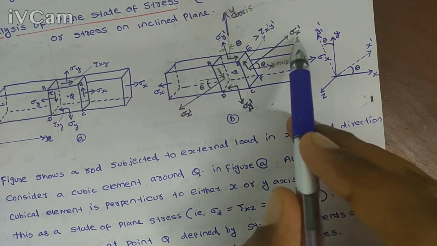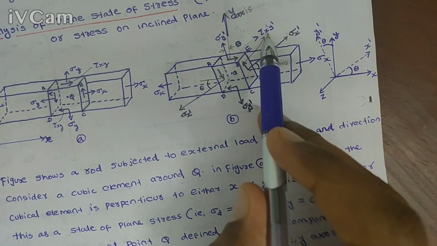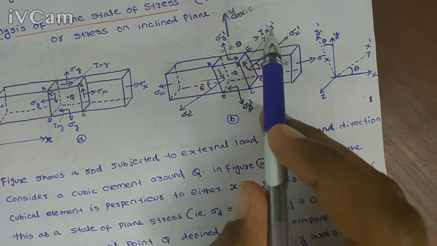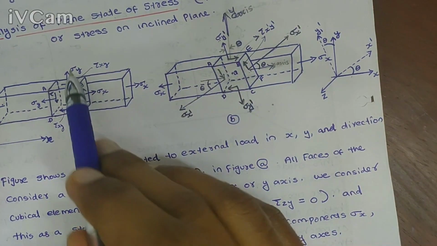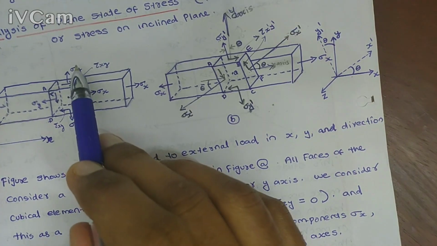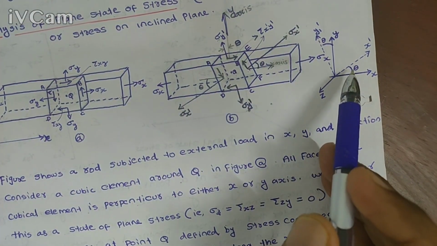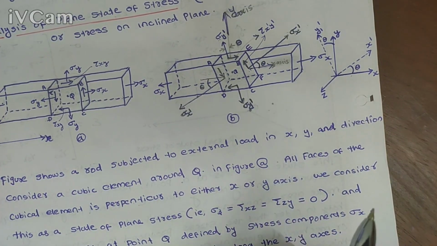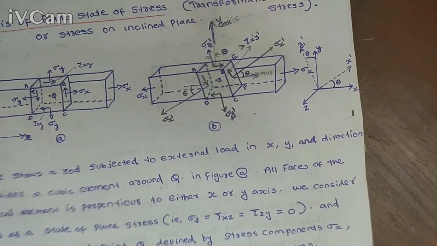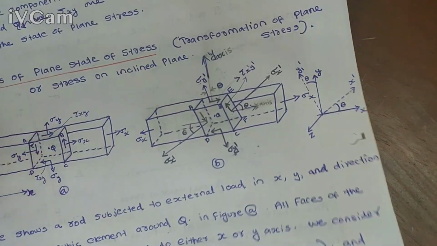So sigma x dash, sigma y dash, and tau x dash y dash depend upon these three values, sigma x, sigma y, tau xy, and this theta value also. I am not explaining the derivation to calculate these three values.